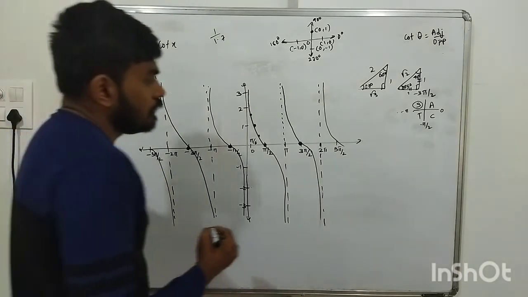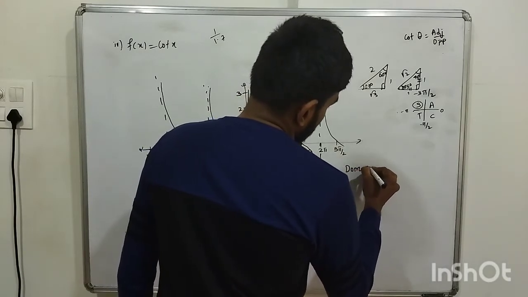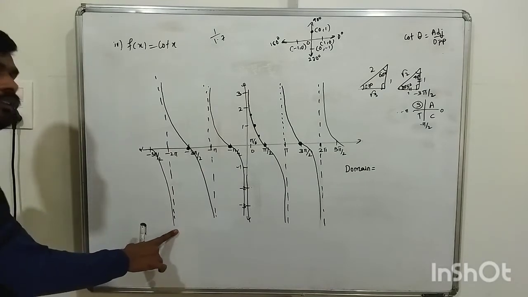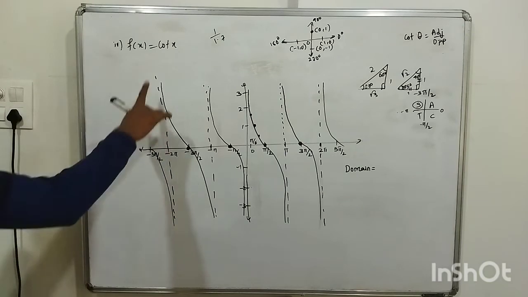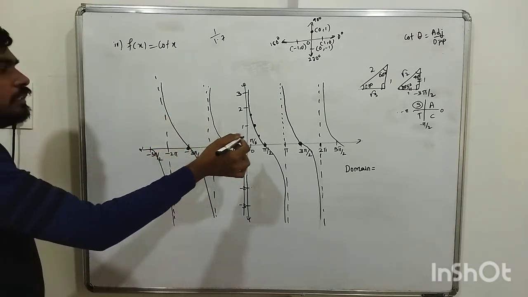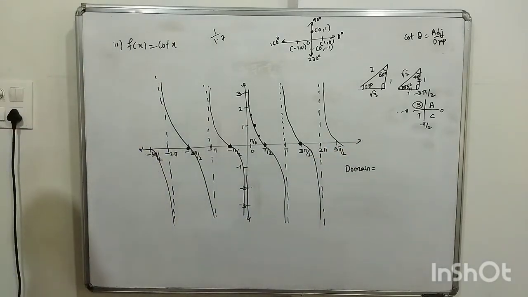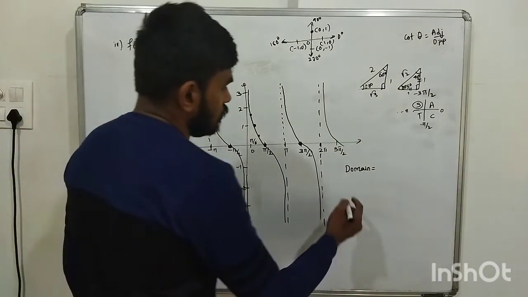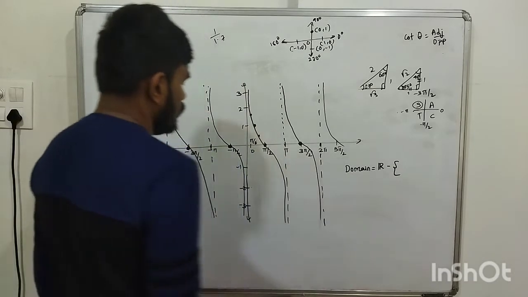Now what will be the domain of this? The domain will contain all the elements except these, correct? Because for these values there is no f of x, that is, for minus 2 pi, minus pi, 0, pi, 2 pi, and so on, there is no value of cot x. That's why we take all real numbers except these values.